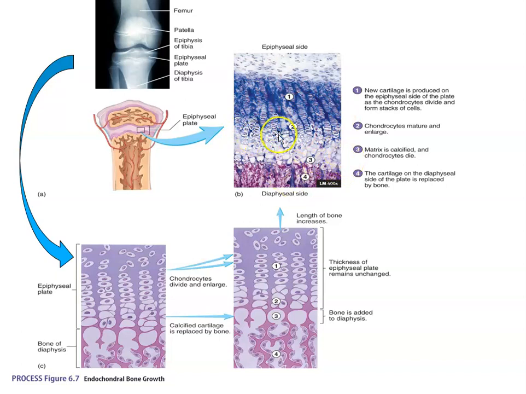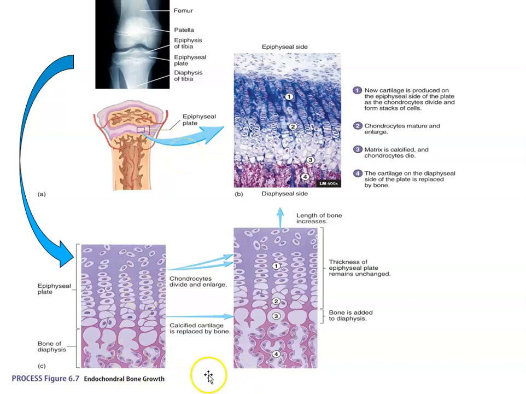And then once calcification occurs and the chondrocytes die, osteoclasts will destroy the cartilage, and osteoblasts will replace it with bone on the diaphysis side. So the diaphysis will grow longer and longer.